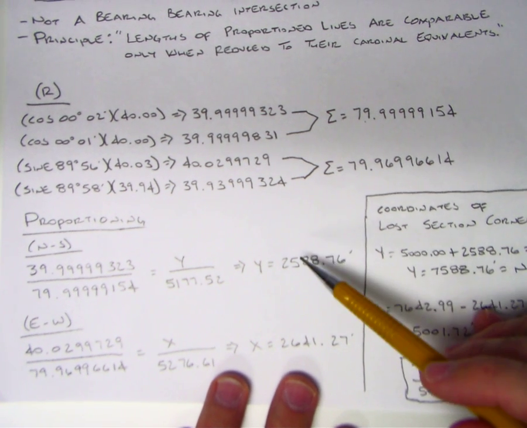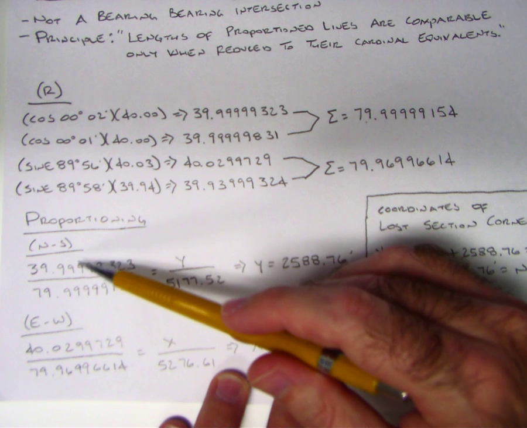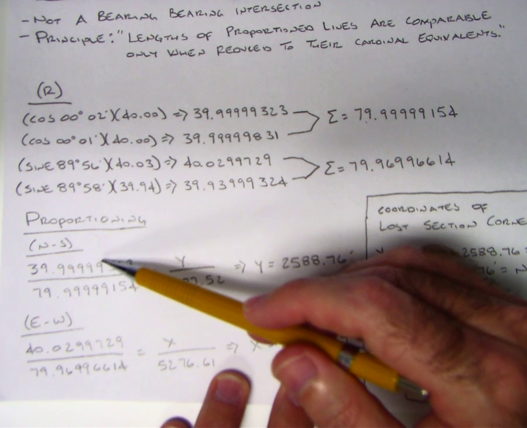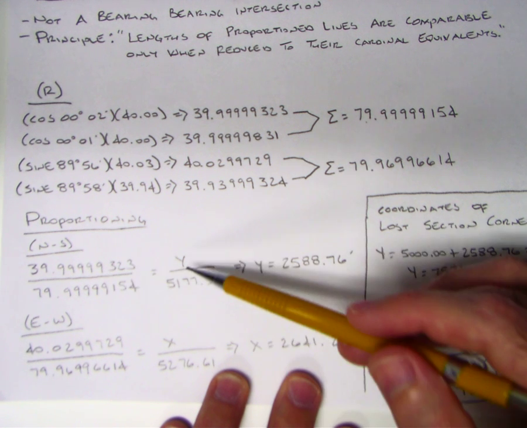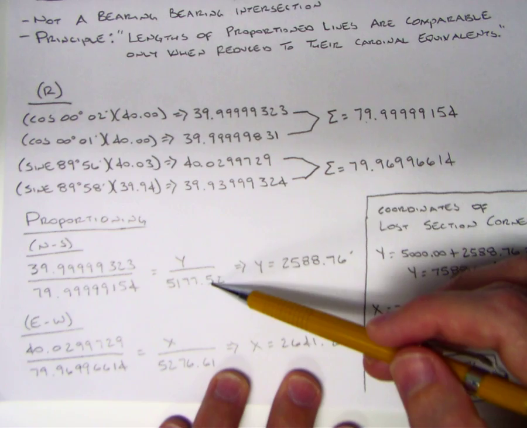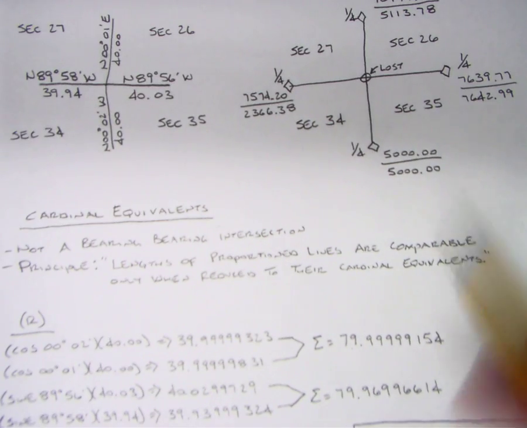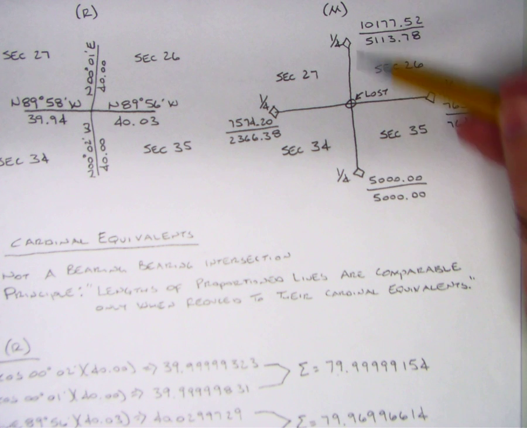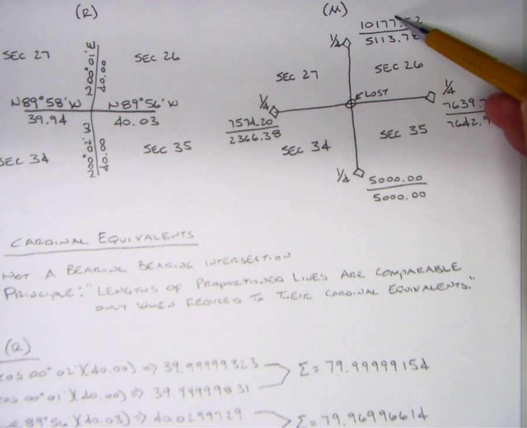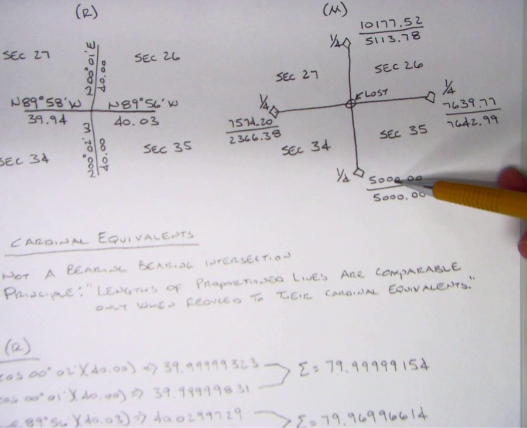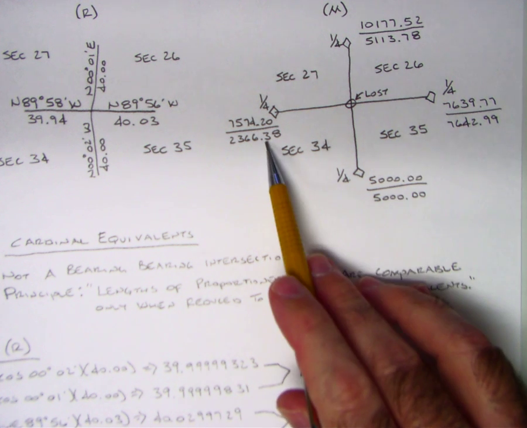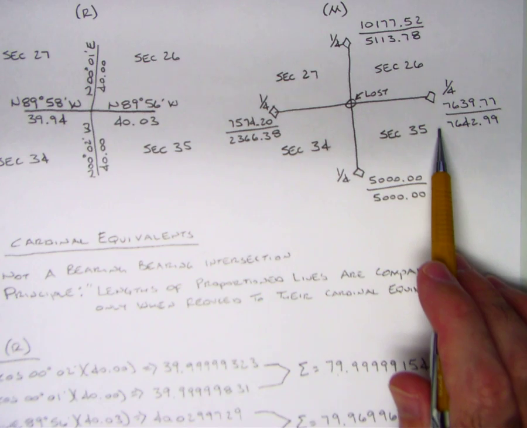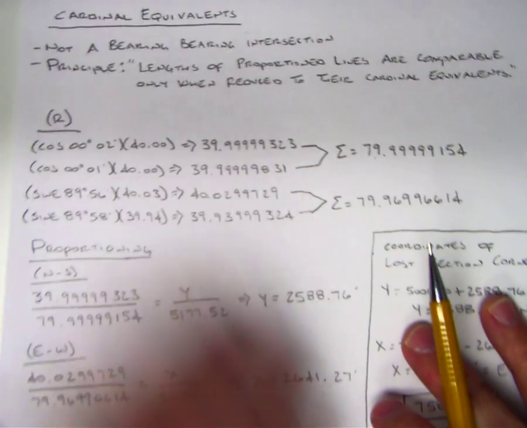Next I'm doing the proportioning. First I'm going to proportion in the north-south direction. 39.999999323 is to 79.9999154 as y is to 5177.52, and the 5177.52 is just the difference in the northings, 10,177.52 minus 5,000, because remember I said in the discussion on cardinal equivalence that just the difference in the northings is the cardinal equivalence in the north-south direction, and the difference in the eastings is the cardinal equivalent in the east-west direction.